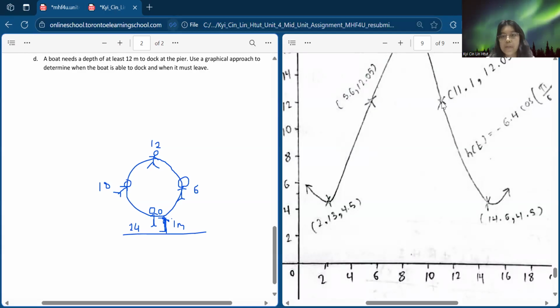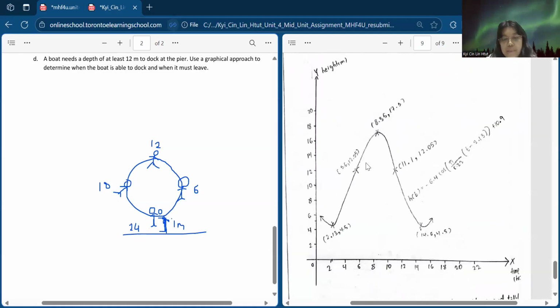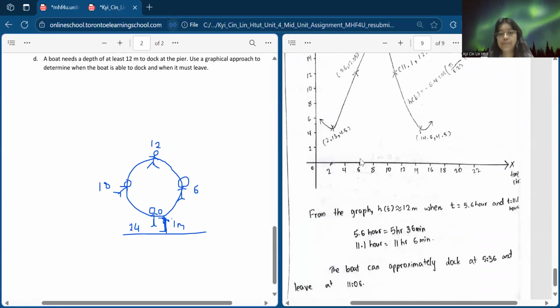So the same thing happens at 11.1 hours. Which means at those times, the water is at least 12 meters, and here it's even a very tiny bit greater than 12 meters.